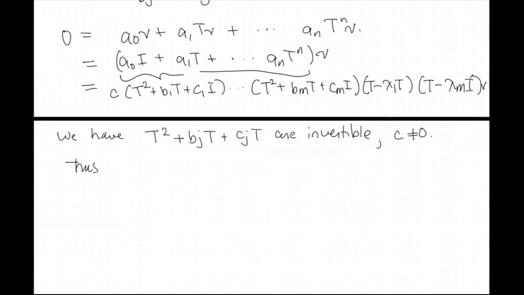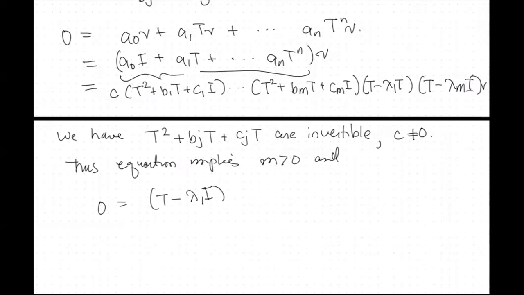Thus, your equation above implies your m must be greater than 0. And your 0 is just equal to (t minus lambda 1 I) up to (t minus lambda m I) times v.